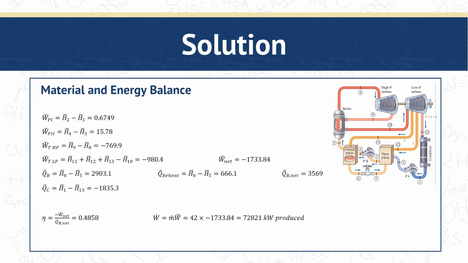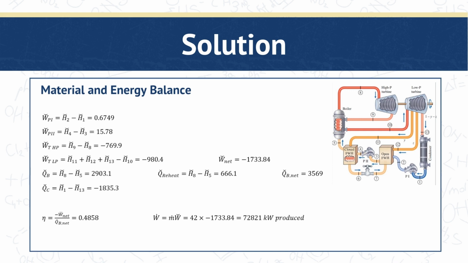However, it's usually not accounted for in efficiency calculations. What are accounted, however, are the W net or the net work and the net heat required. So for the thermal efficiency, we have negative W over Q, which is equal to 0.4858. So as you can see, it is not that efficient, but rather it is actually quite low.